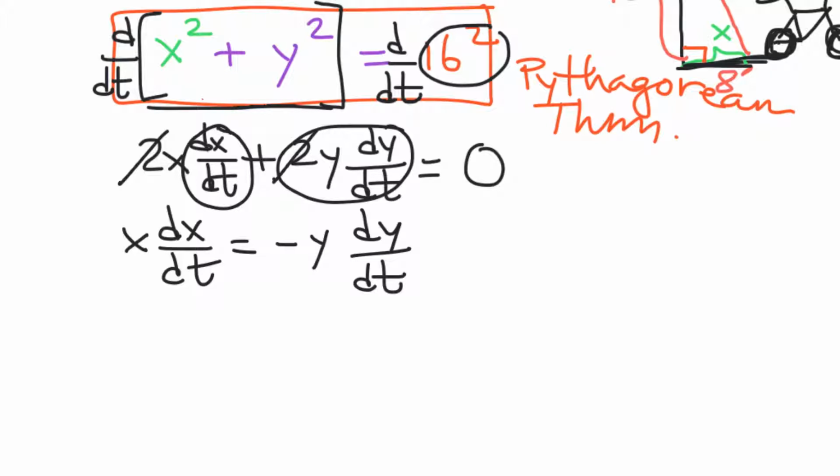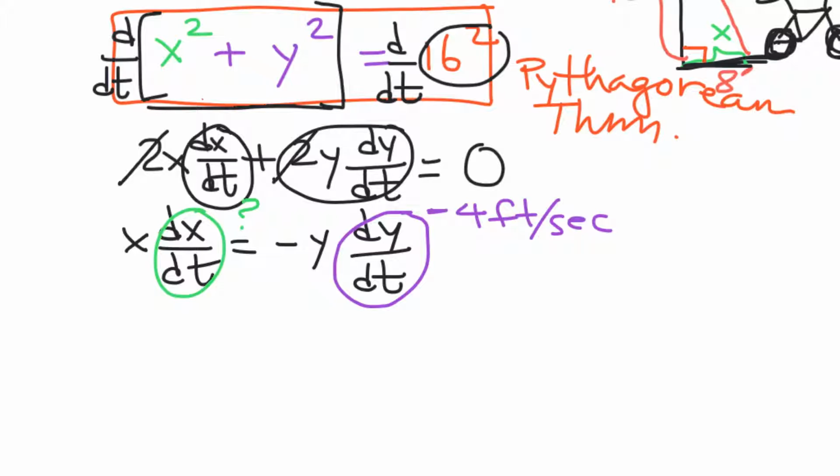Well, dy/dt is the rate of change of y, and because y is decreasing, that rate is 4 feet per second, but it will be negative because the quantity y is decreasing. What about dx/dt? Well, that's what we want to know, but we want to know what that is at the instant that x is equal to 8 feet.